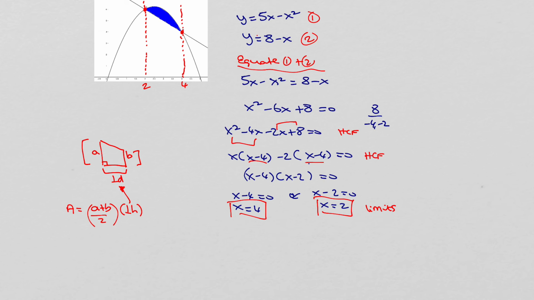So if I sub x into 2, then that will give me y is equal to 8 minus 4. In other words, y is equal to 4. So that means when x is 4, this height here is 4.